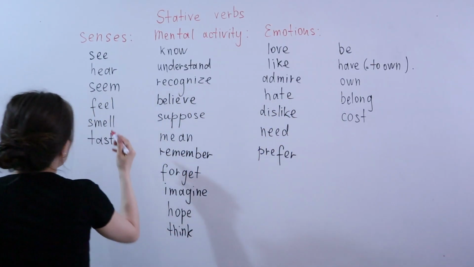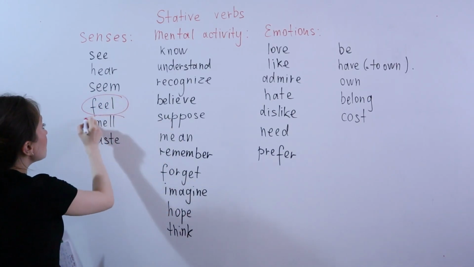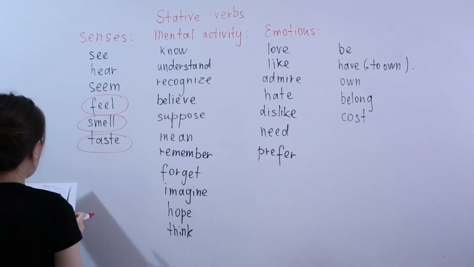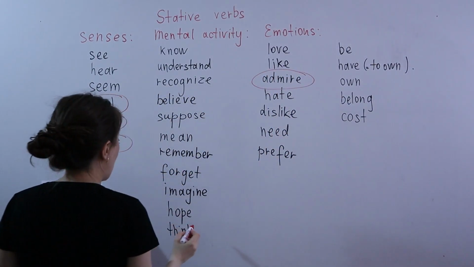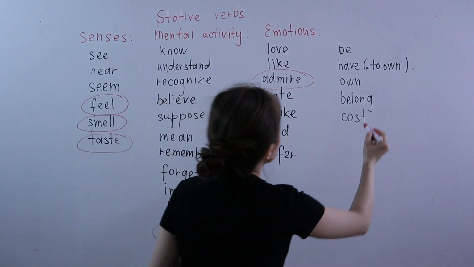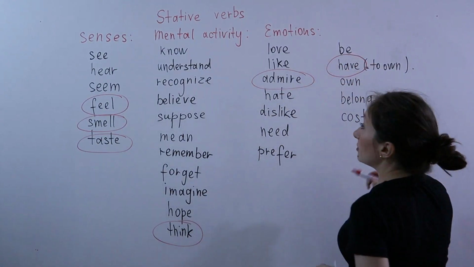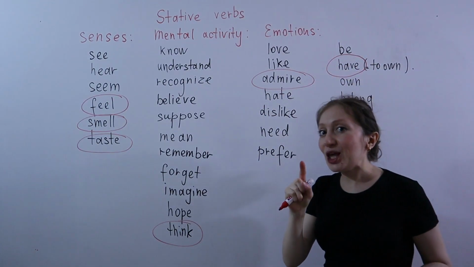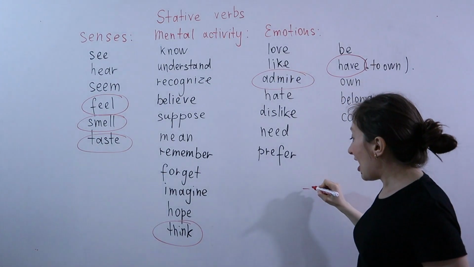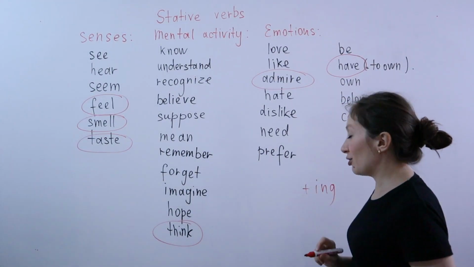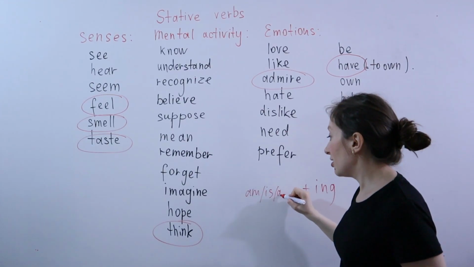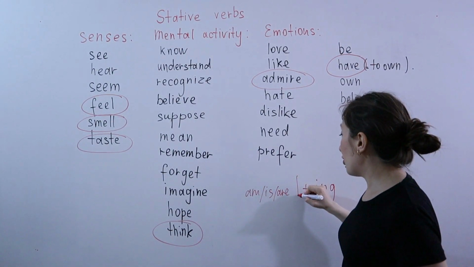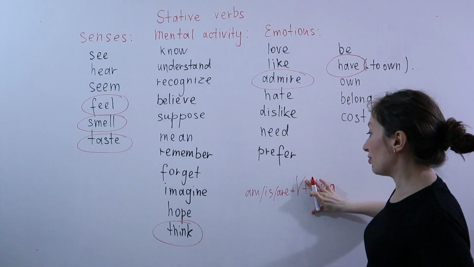So there are some verbs like feel, smell, taste, admire, think, and have. They can be used with ing, right? So there will be am, is, are plus verb ing, right?